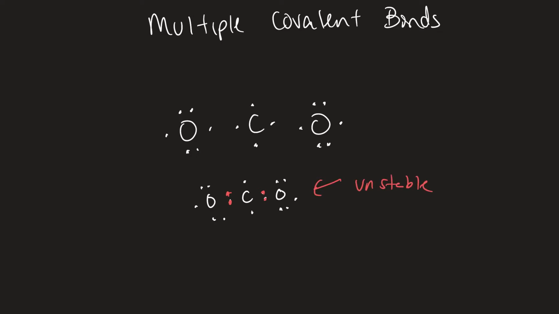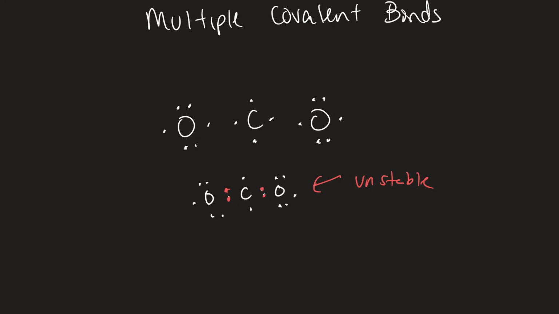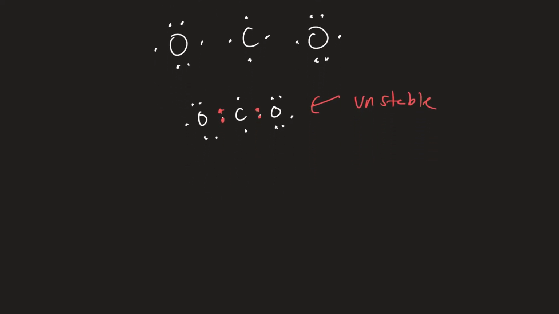Now, this structure right here is a very unstable structure. This will not happen. Why? Let me also draw the line version so you can see where I'm coming from. First of all, if you recall from the last video, carbon must have 4 bonds.